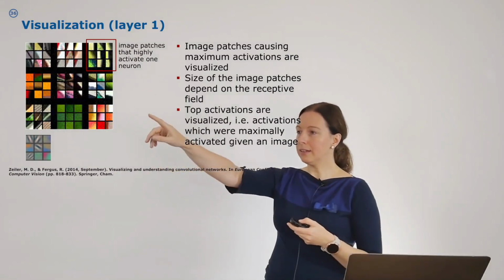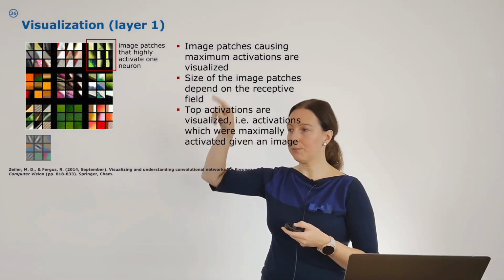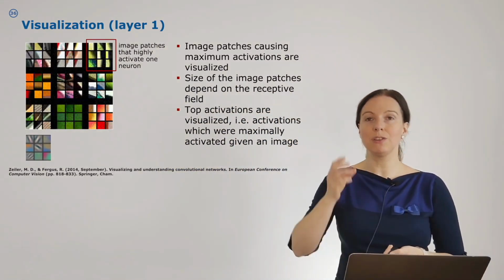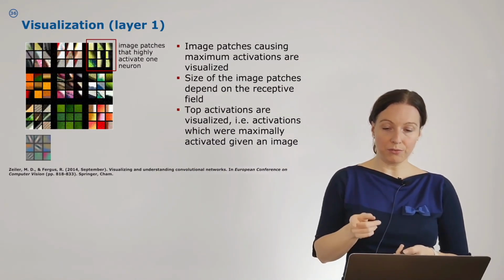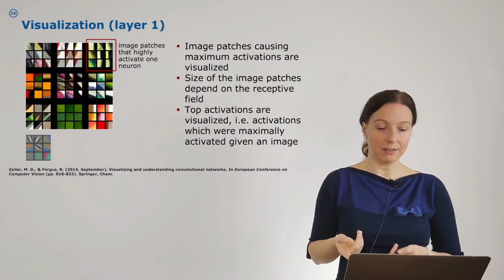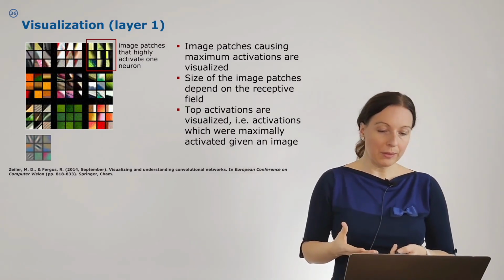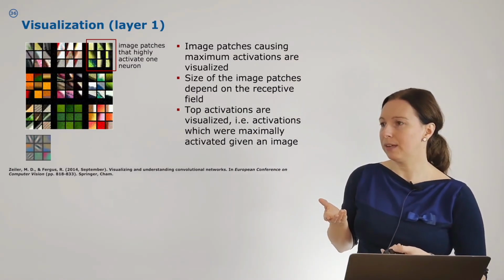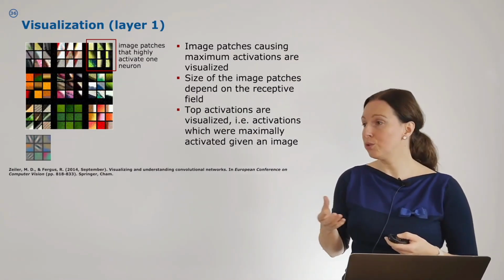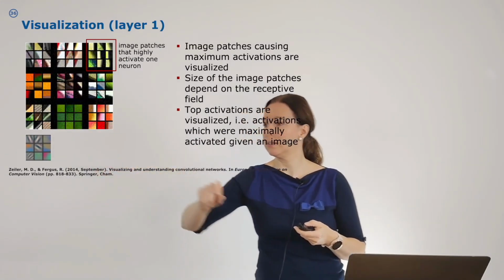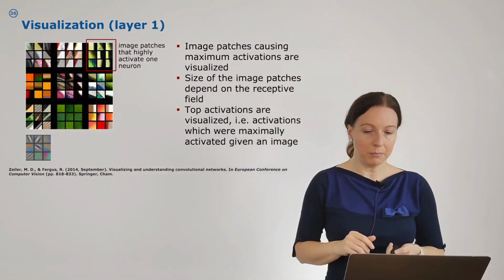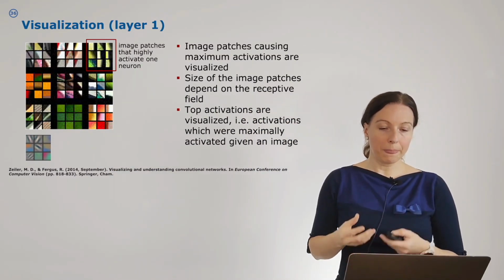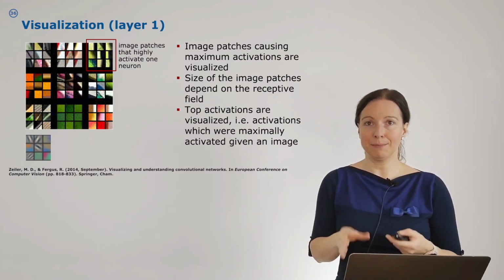Each of these 3x3 blocks is an image patch which causes one neuron in the first layer to be highly activated. For example, you can see diagonal patterns in the upper left corner, green homogeneous areas in the middle and on the bottom, or orange patterns and so on. So the units in layer 1 look at basic patterns.